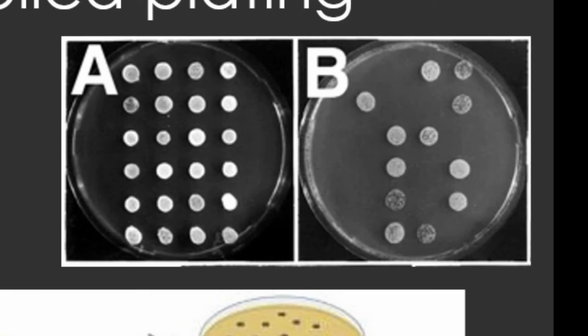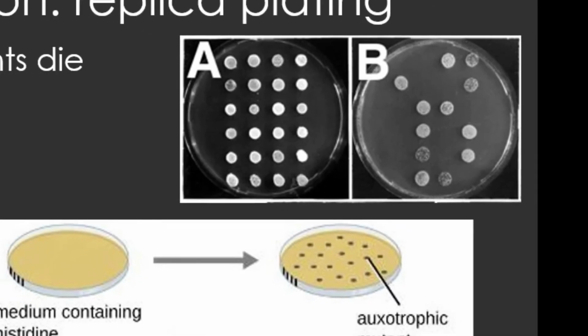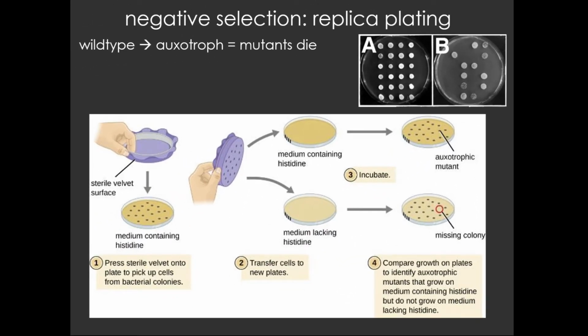Plate A is the medium which contains histidine, and all of the organisms had grown there. Plate B is the medium that lacks histidine, and so you can see nearly half of the organisms that have been grown here were mutated in that histidine gene and are no longer capable of growing unless they've been fed histidine. So that's one way of identifying mutagens.